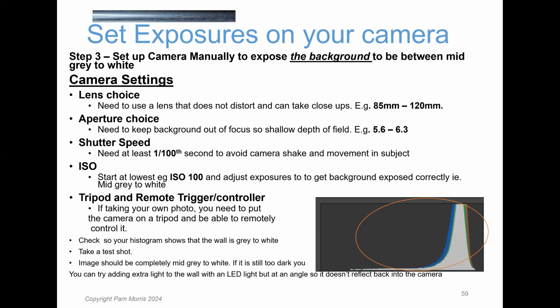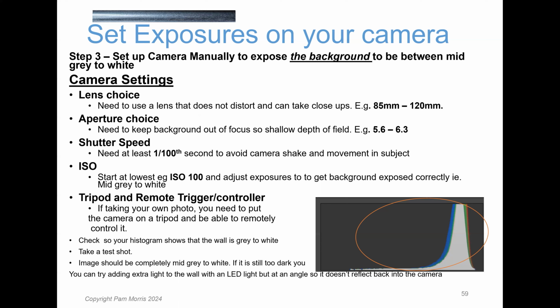And by using that long lens and only being 1 to 2 metres away, you'll find that a 5.6 or 6.3 will be adequate. The shutter speed needs to be around the inverse of that lens length, which is about 100th of a second, to avoid camera shake and movement in the subject.